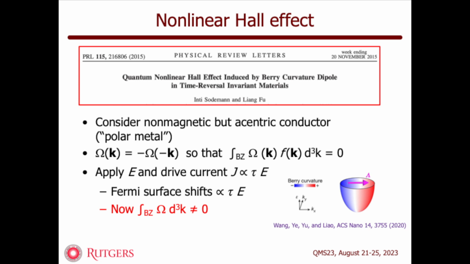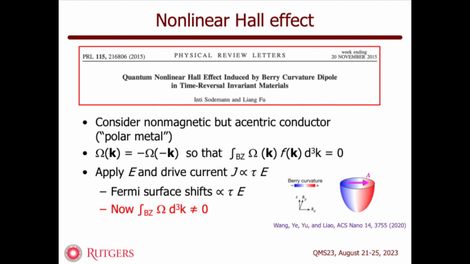The symmetry principles that I told you about before tell you that the Berry curvature at k and minus k are equal and opposite. And so when you integrate the Berry curvature over the Fermi sea, you're going to get 0 because of a cancellation between k and minus k. That's what it says here.